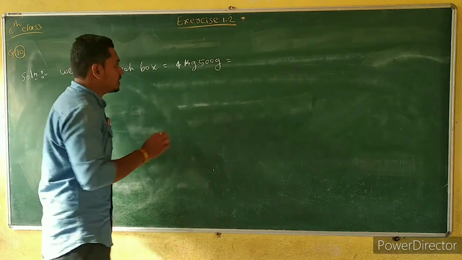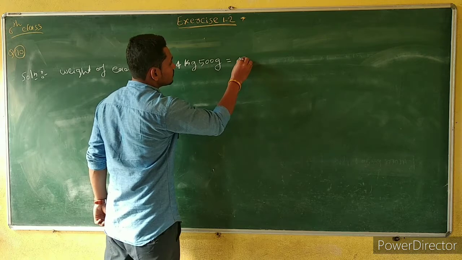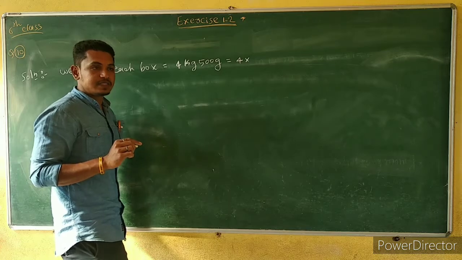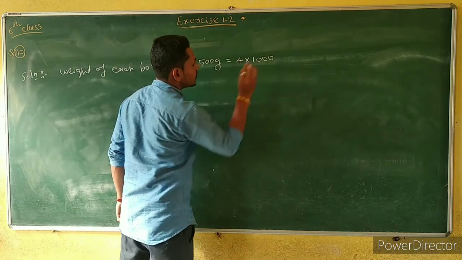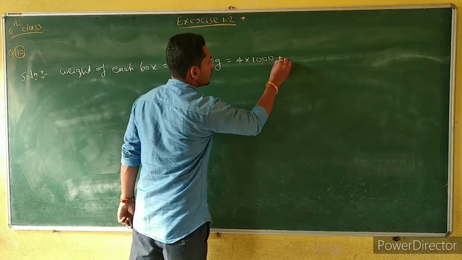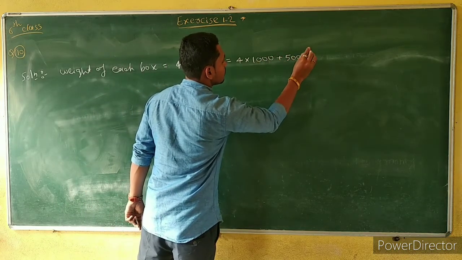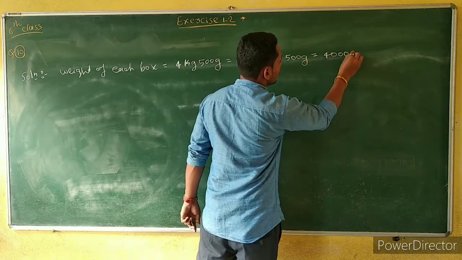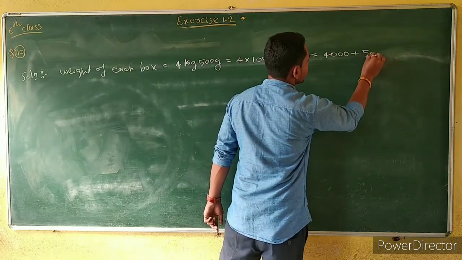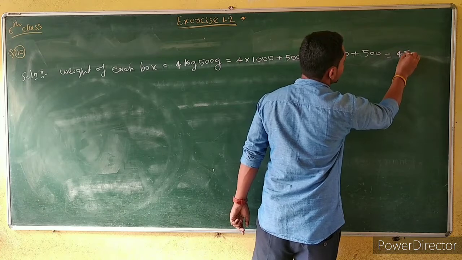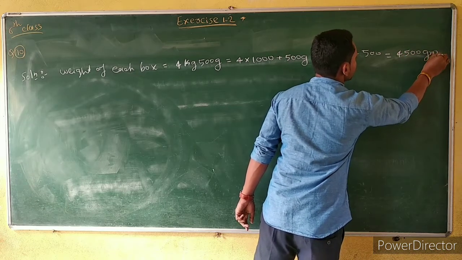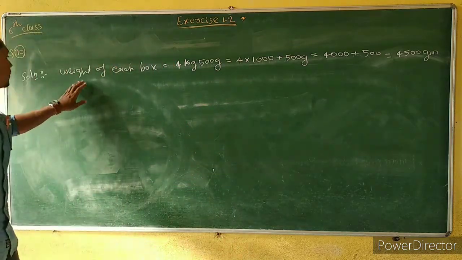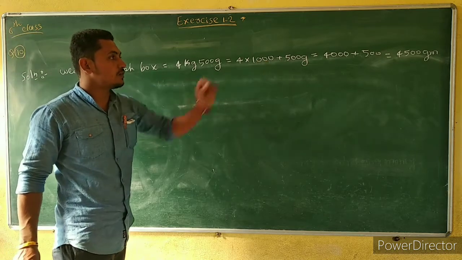So 4 kg means 4 into 1000, since 1 kilogram is equal to 1000 grams, plus 500 as it is. 4 into 1000 is 4000, plus 500 is equal to 4500 gram. So the weight of each box is 4500 gram.